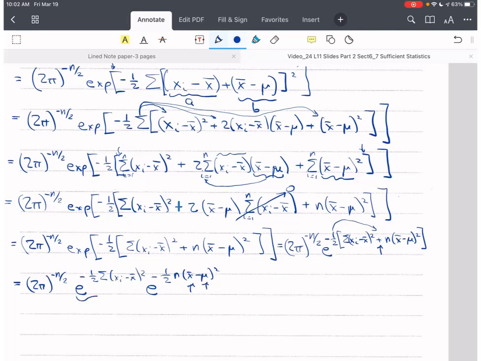Here, this is a function of x only, x sub i and x bar, x only. So I'm going to put e to the negative 1/2 sum of xi minus x bar quantity squared times 2 pi to the negative n over 2. This is my h.